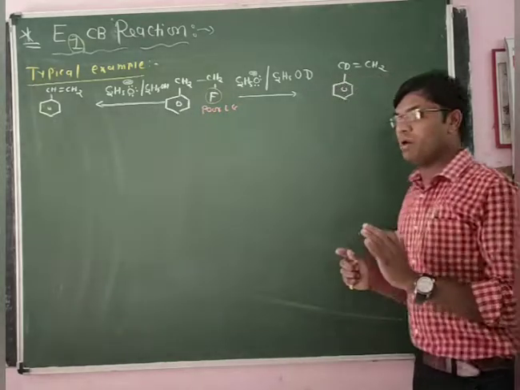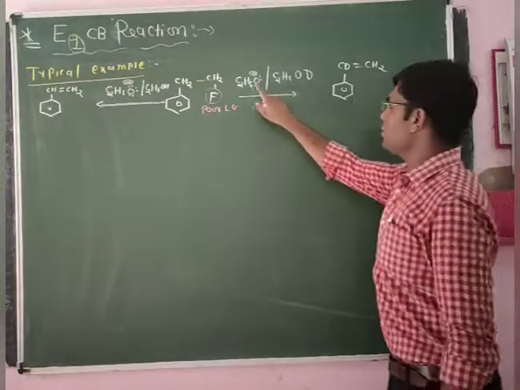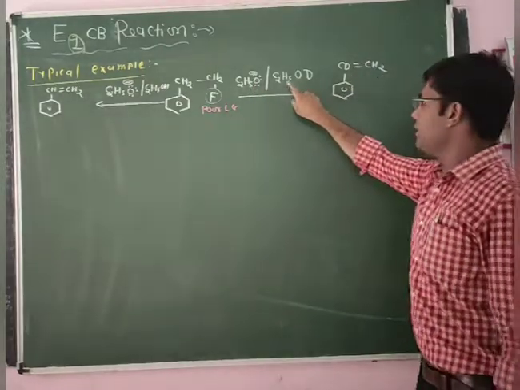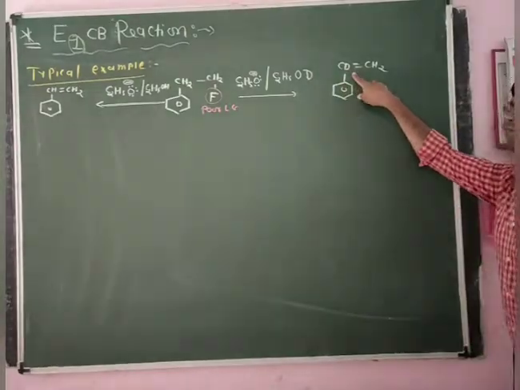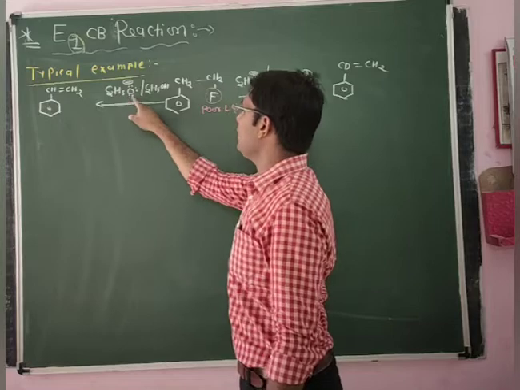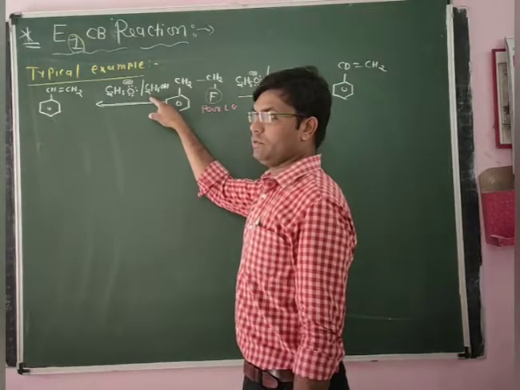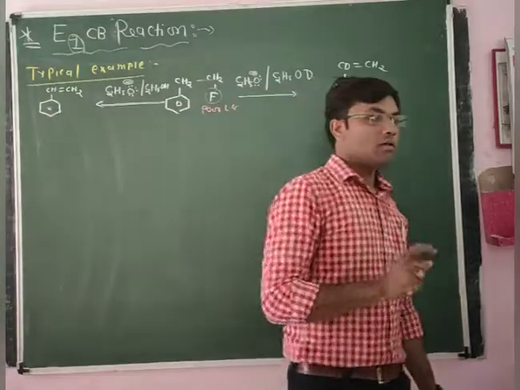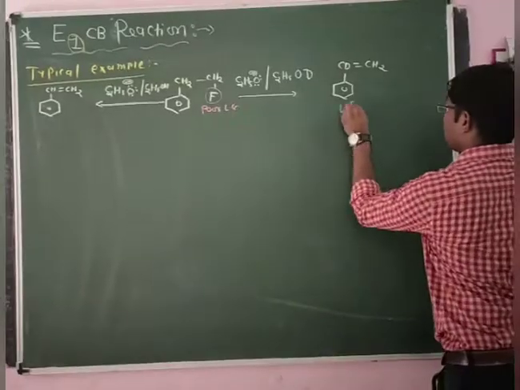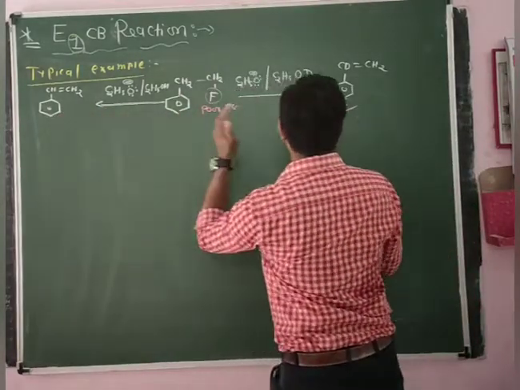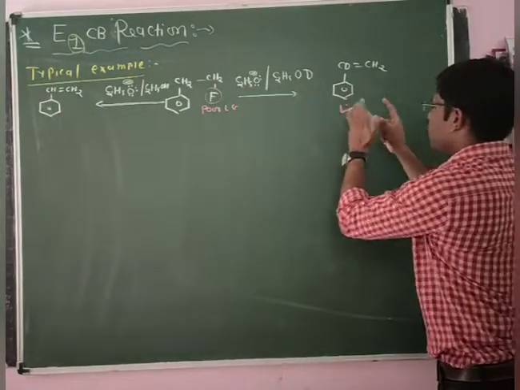But one more important thing: here ethoxide in the presence of deuterated ethanol, and then we get the deuterated alkene. But if we carry out this reaction with ethoxide in the presence of ethanol, then we get our simple alkene. Now why do we get this product? This is a very simple thing, but we will understand why we get this product.